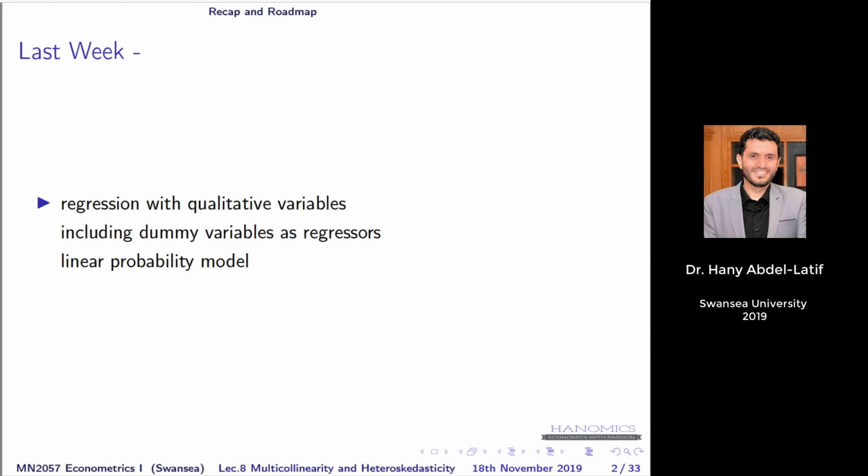We concluded the lecture by highlighting the limitations of this modeling technique. One of the main issues is that probability should take a value from 0 to 1, and with a linear probability model, there's nothing to guarantee that this will be the case. We explained other limitations as well. So this is everything we covered last lecture.